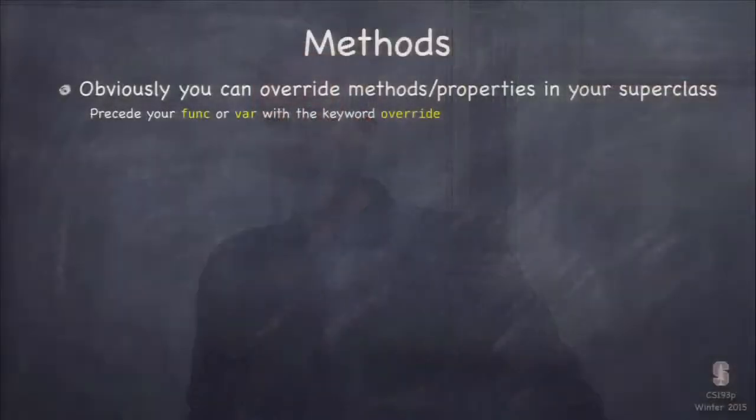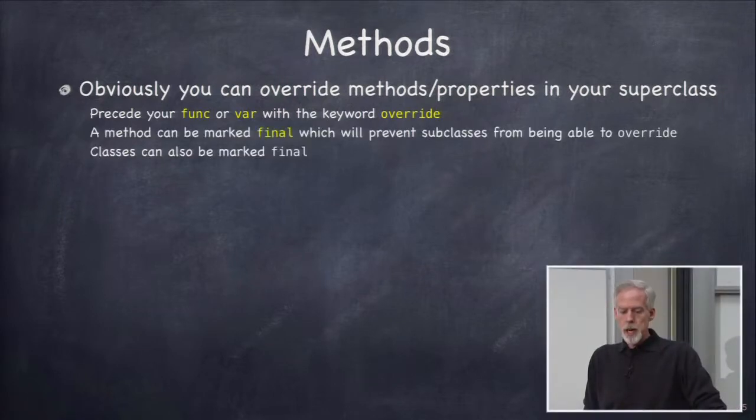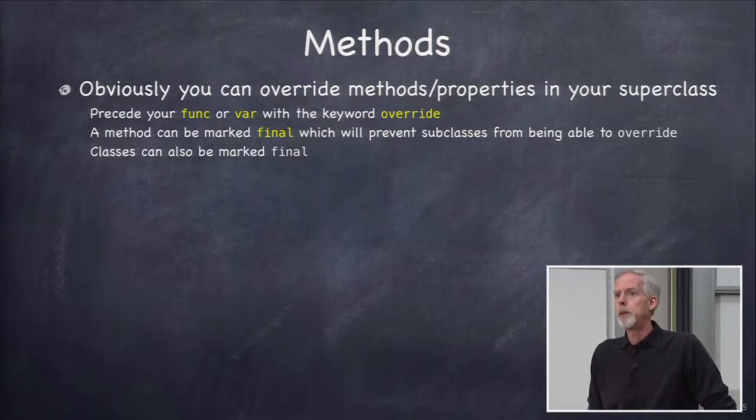All right, so methods. I want to talk a little bit about methods, all right? If you override a method in a class, you have to put the keyword override in front of it, okay? You can also mark a method final. That means no one can override it. So if someone subclasses a class you wrote, they can't override it if you marked it final.